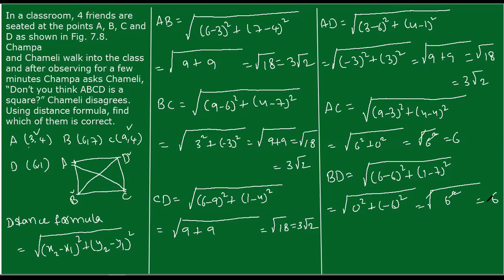So now we can see all four sides and the two diagonals are equal. So it is a square. Now we'll check who is right. I think Champa is telling it is a square. So Champa is correct, Chameli is wrong.